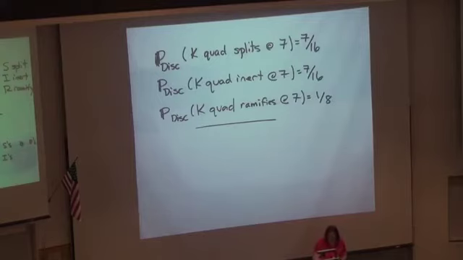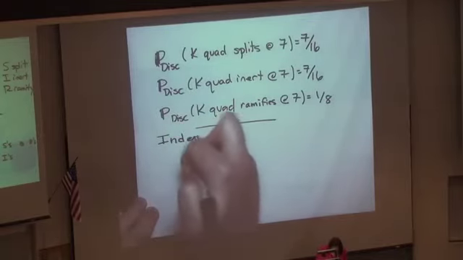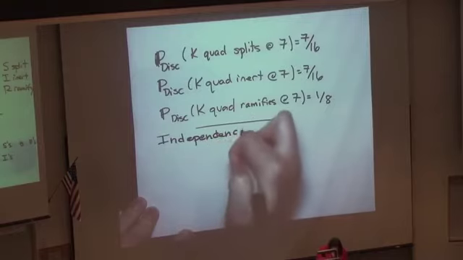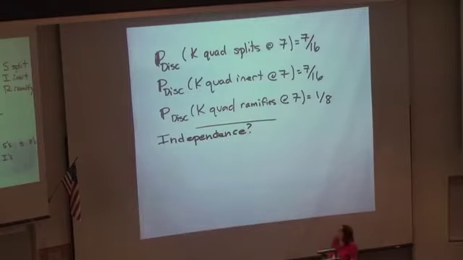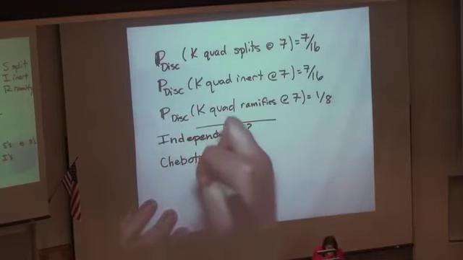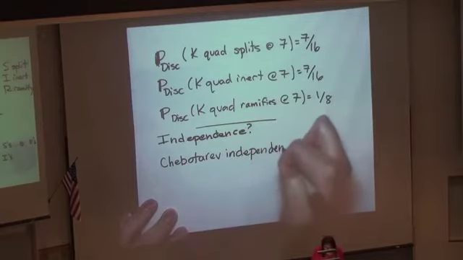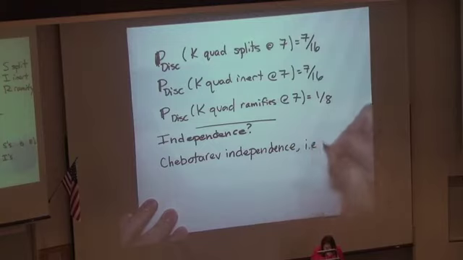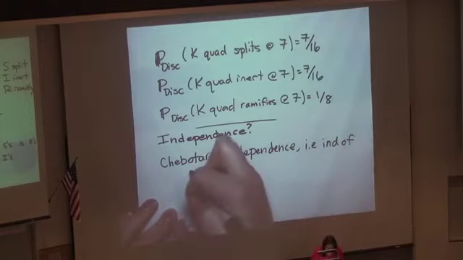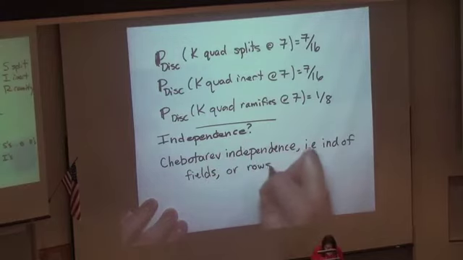Now, what about looking at this chart? What does this question of independence say in this chart? Let's first think about Chebotarev independence, i.e. the independence of fields or rows in our chart.